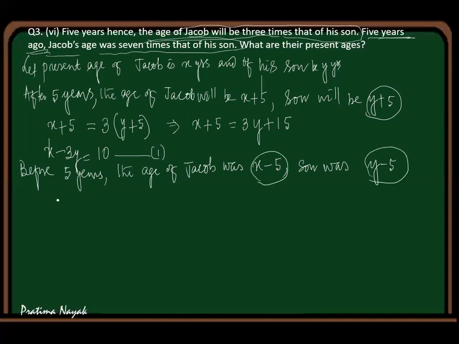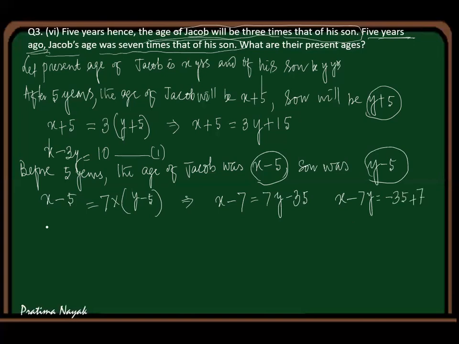So x minus 5 is equal to 7 into y minus 5. On simplifying, I'll get x minus 5 is equal to 7y minus 35, or x minus 7y is equal to minus 35 plus 5, that will be x minus 7y is equal to minus 30.